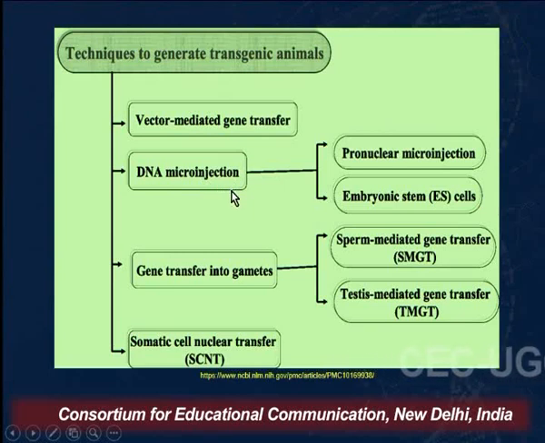Then there is DNA microinjection, in which there is pronuclear microinjection, in which the direct recombinant DNA carrying our transgene is injected into the pronucleus of the fertilized egg, or there are embryonic stem cells, where again the DNA, because we said that genetically engineered embryonic stem cells.